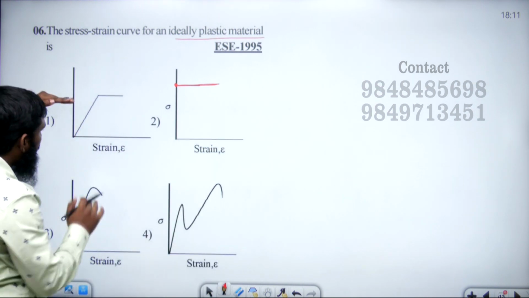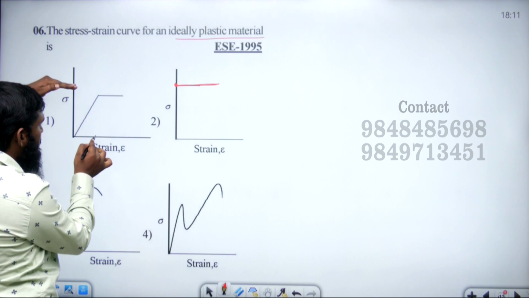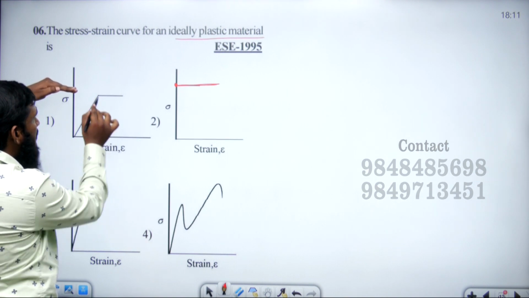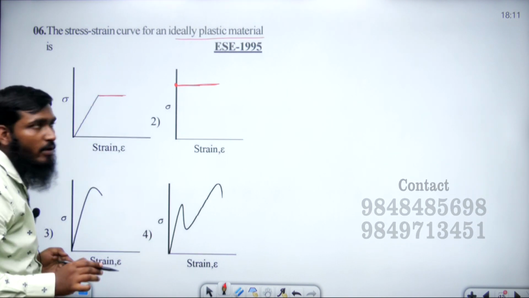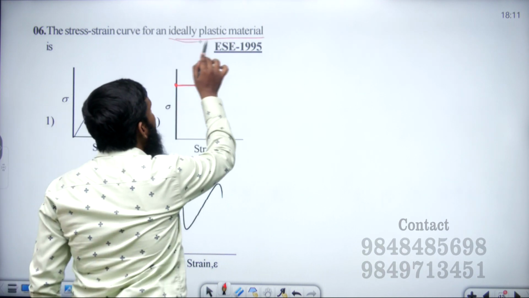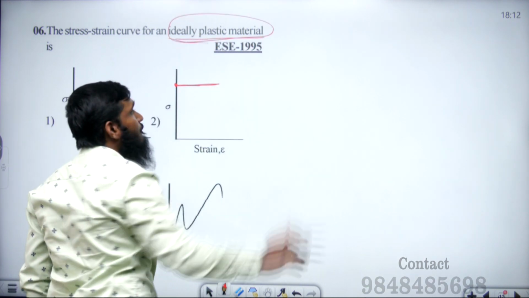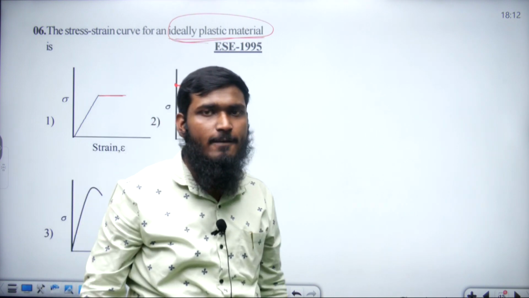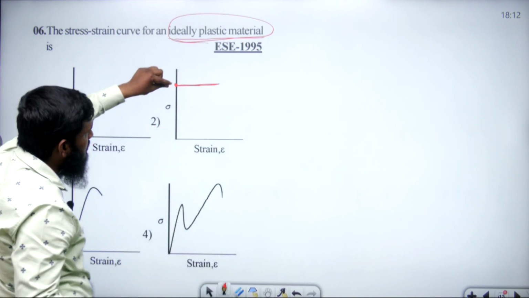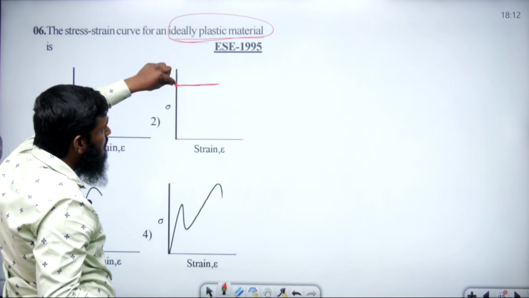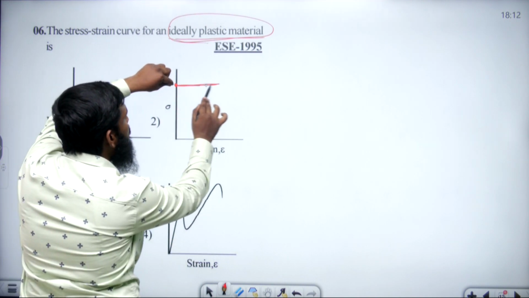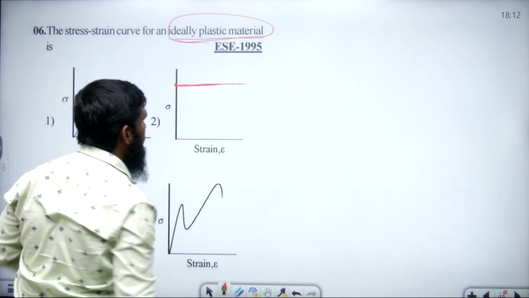Over here stress is also increasing, strain is also increasing, and after some point strain keeps increasing. But what we have to take is ideally plastic material, perfect plastic, only deformation. So at constant stress, we are having the increase in strain.